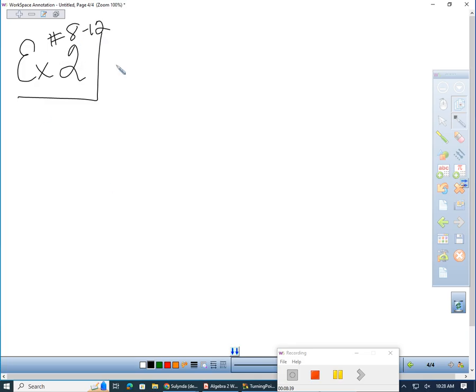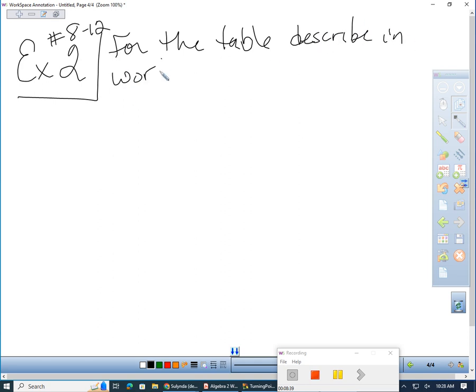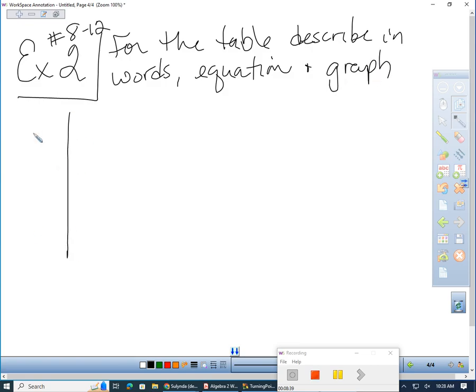And it says, for the table, describe in words, equation, and graph. And so they're going to give you a table this time. X, Y. Let's go 0, 1, 2, 3. Let's say -3, -7, -11, and -15.